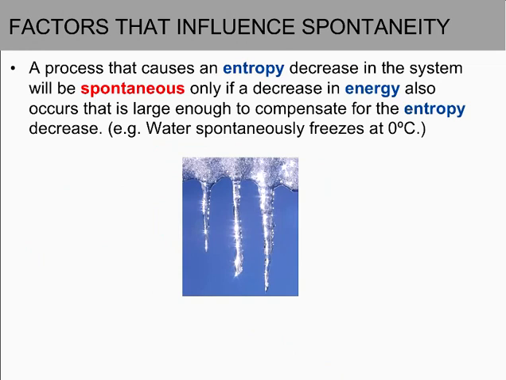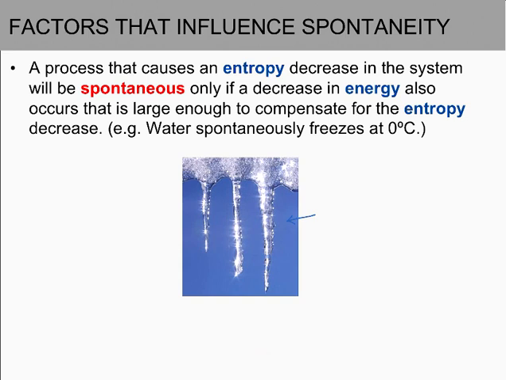All right, now a process that causes an entropy decrease in the system will be spontaneous only if a decrease in energy also occurs. And that decrease in energy has to be large enough to compensate for the entropy decrease. So for instance, water spontaneously freezes at 0 degrees Celsius, because remember that's the melting or freezing point of water. So here we have some ice crystals.